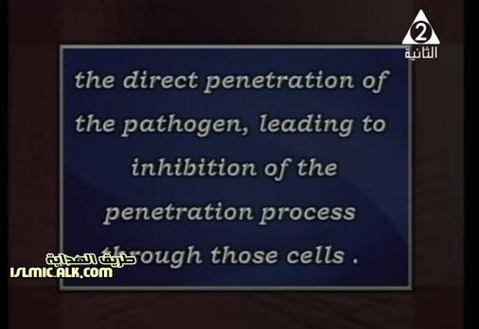Swelling means they are increasing in size, their volumes increase. So at the moment of the direct penetration, the cells are swelling, as a kind of change in the cell structure. That may cause what? That leads to inhibition of the penetration. Inhibition means to decrease or prevent the penetration process of the pathogen through those cells, and to prevent it from reaching surrounding or adjacent cells also.